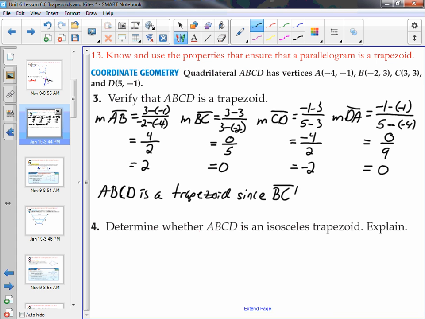Segment BC is parallel to segment DA, but segment AB is not parallel to segment CD. So, exactly one pair of parallel sides.